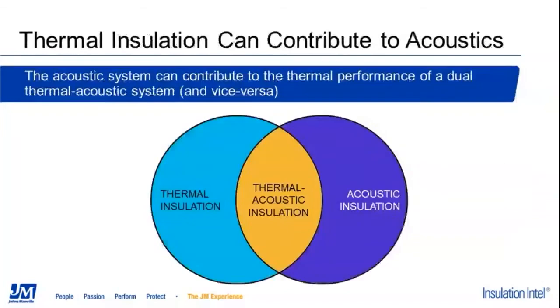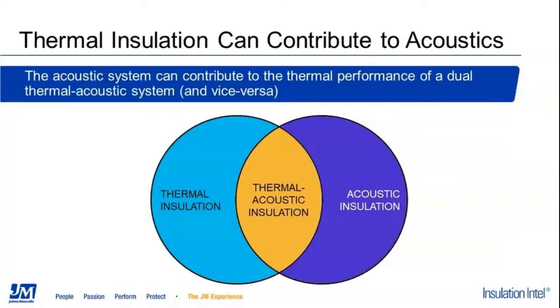The other critical aspect to keep in mind when you're looking at a thermal and acoustic system is that, depending on the material being used for your thermal insulation, you can take advantage of the acoustic contribution of the thermal material and vice versa, the thermal contribution of the acoustic material, and come up with a system that is thinner than the sum of the 2 individual systems.